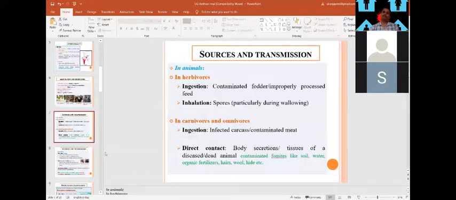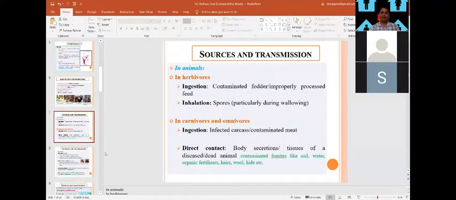Now, the sources of transmission for animals. In herbivores, ingestion and inhalation of the spores, maybe through contaminated fodder or improperly processed food, act as the main source of anthrax outbreaks in animals.